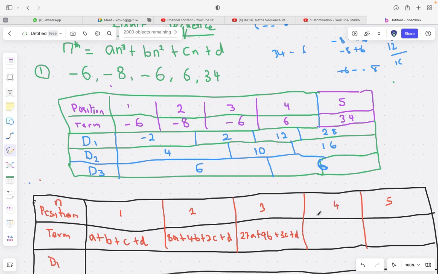Here, n is 4. 4 to the power of 3, that's 4 times 4 times 4, that's 64. So here I have 64a plus, now n is 4, 4 squared is 16. 16b. So plus 16b. 4 times c is 4c. So plus 4c. Then plus d.